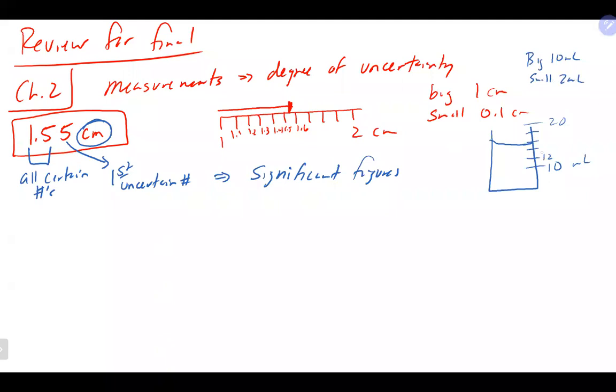So that would be 12, 14, 16. So obviously our meniscus here is between 14 and 16, which means the best you could do on something like that would be 15 milliliters, where the uncertain number actually would be the 5 in this case, and it would have 2 significant figures. Questions on that there?